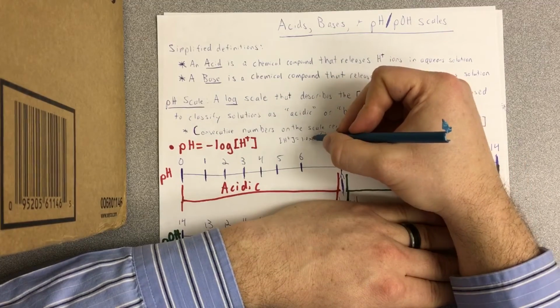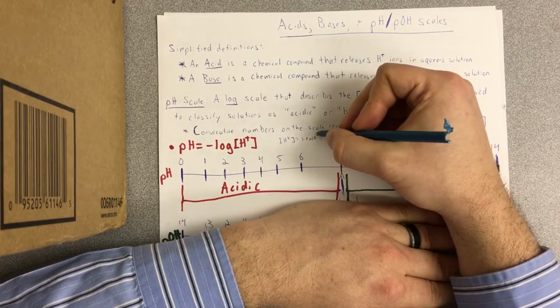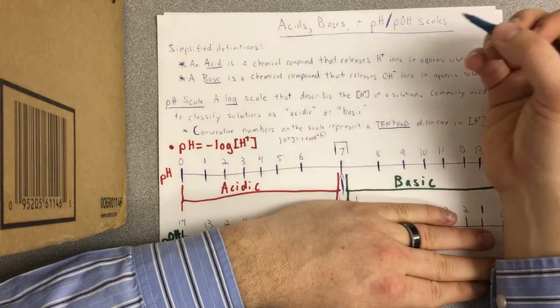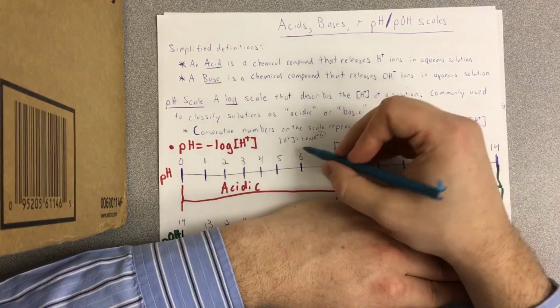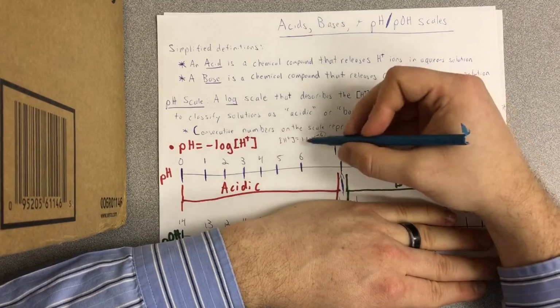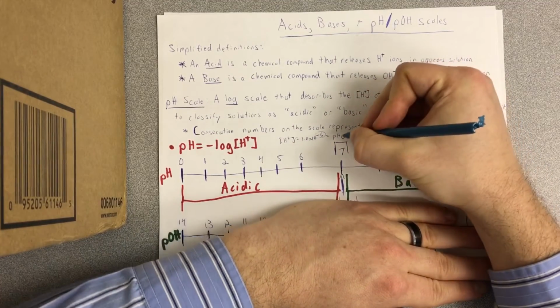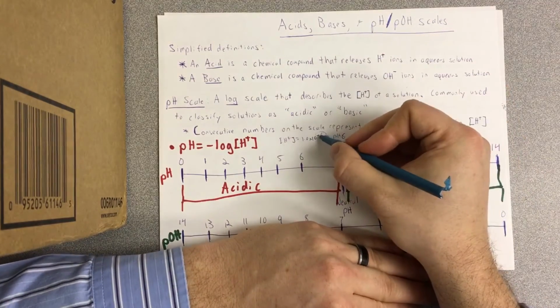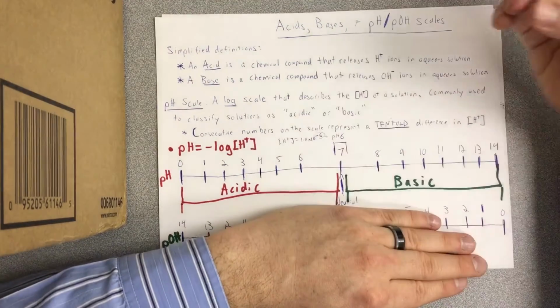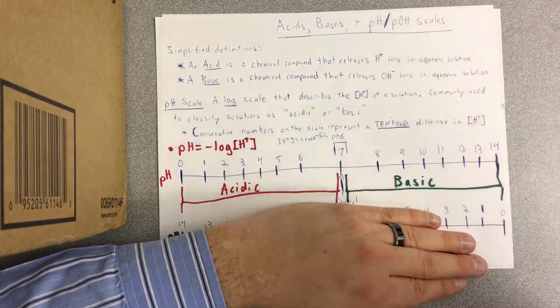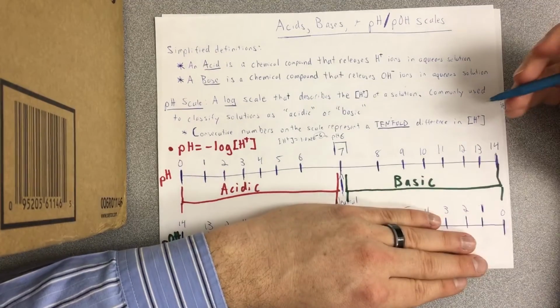We're looking for an exponent in base 10, and we're going to take the negative of what this exponent is, and that will tell us what the pH is. So a concentration of H+ of 1 times 10 to the negative 6 would equal a pH of 6. Looking at this exponent, taking the negative of it is all that we're doing there in order to estimate pH.